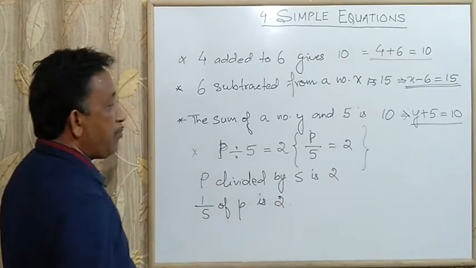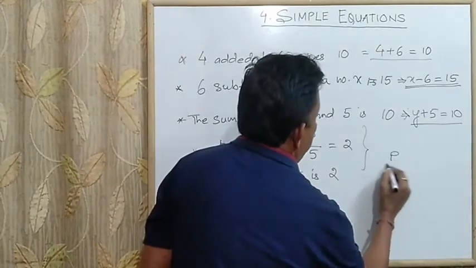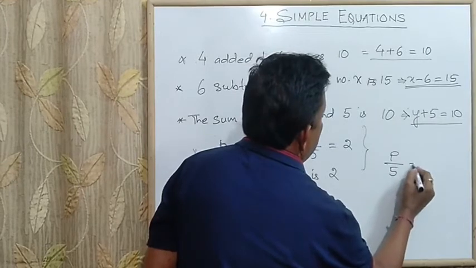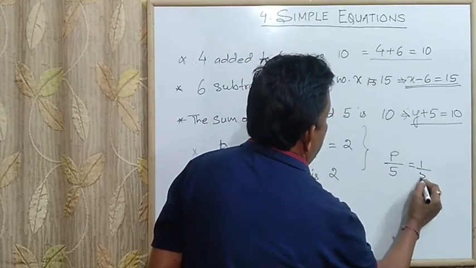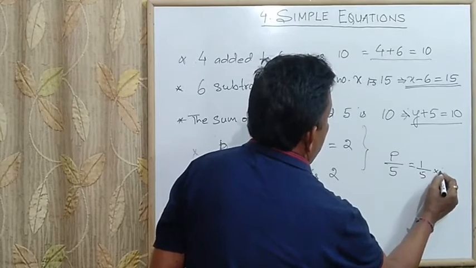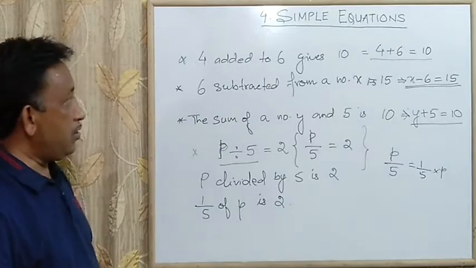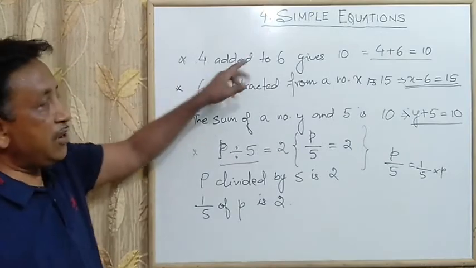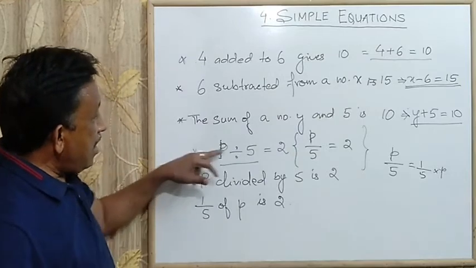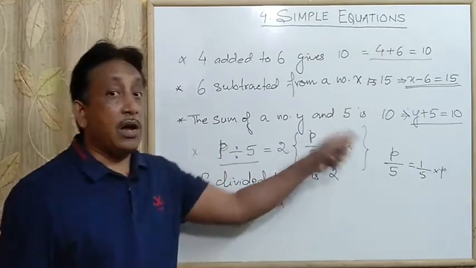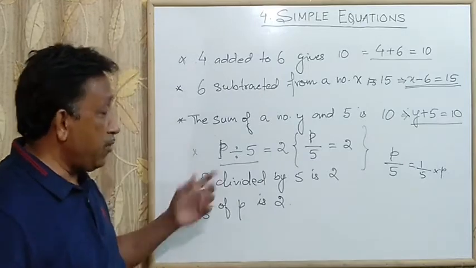So p divided by 5 means it is actually p by 5, which is equal to 1 by 5 into p. Understood? So first we are converting a general statement to a mathematical statement. Second part is a mathematical statement, we are converting it into a general statement. So we will stop here. I'll be giving you some homework.